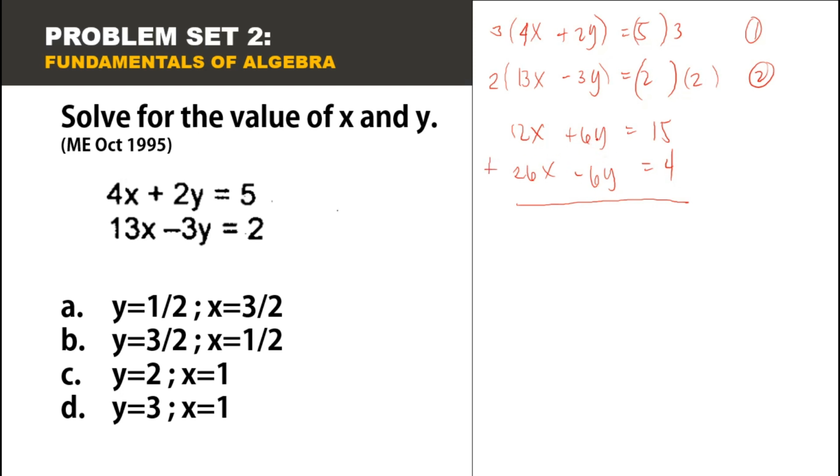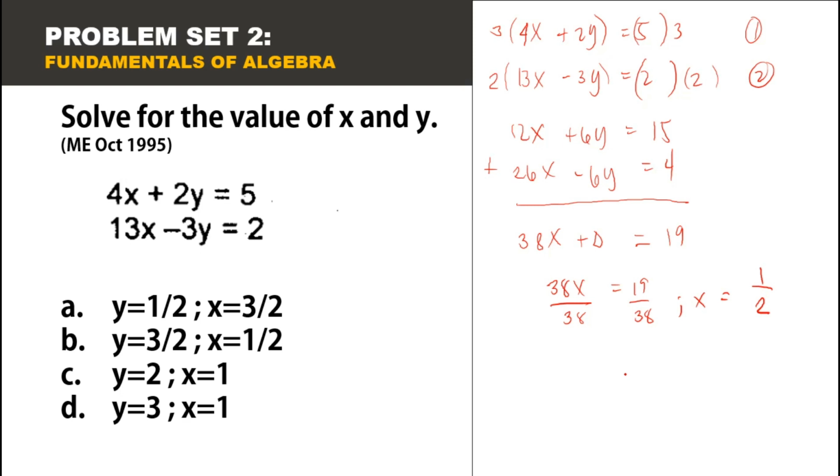So 6y plus negative 6y is 0. 12x plus 26x is 38x. 15 plus 4 is 19. So we have 38x equals 19. We divide both sides by 38, so x is 1/2.